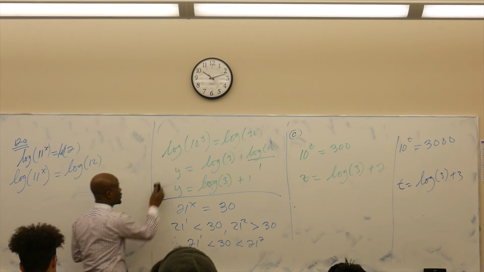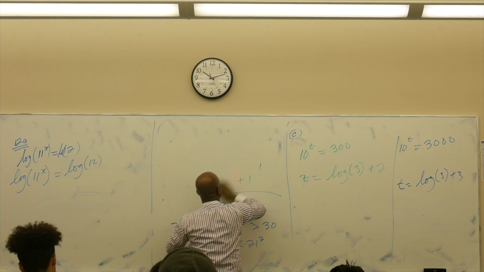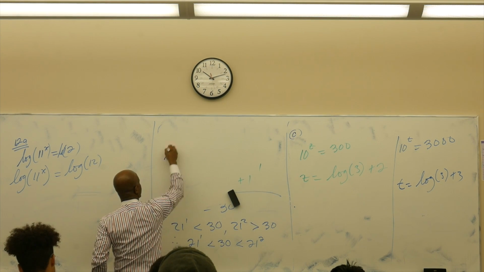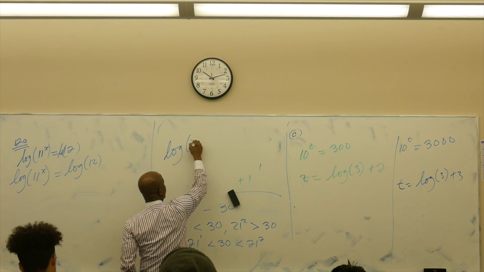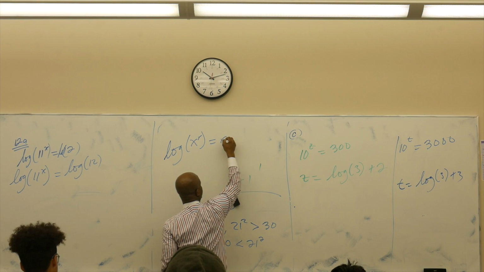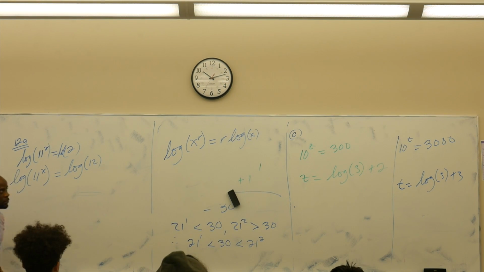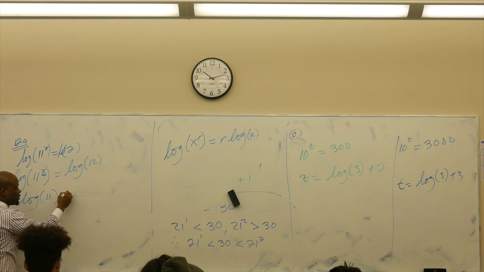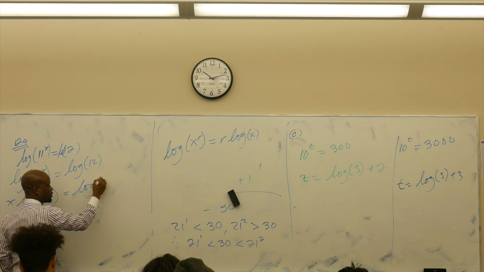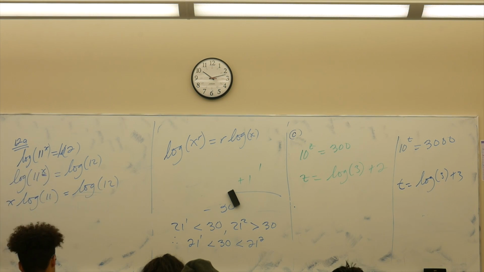So there's another property that says the log of x to the r is equal to r times the log of x, right? So here's our r. So x times the log of 11 is equal to the log of 12.